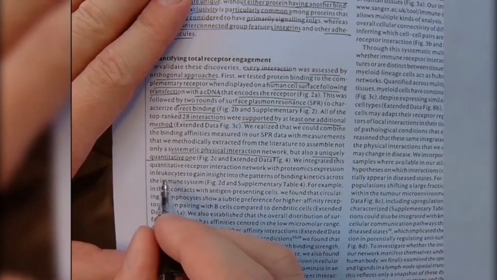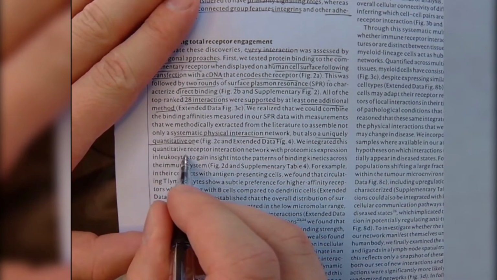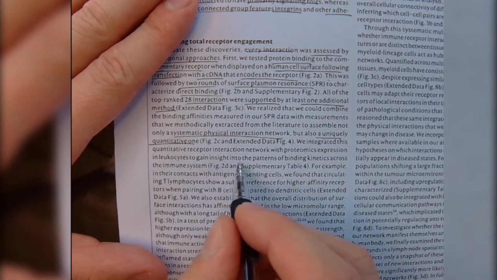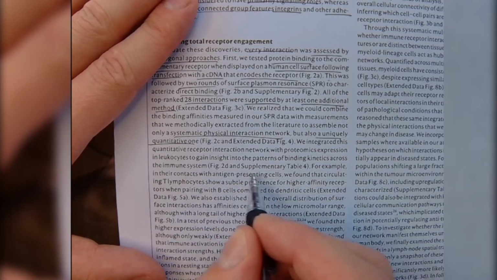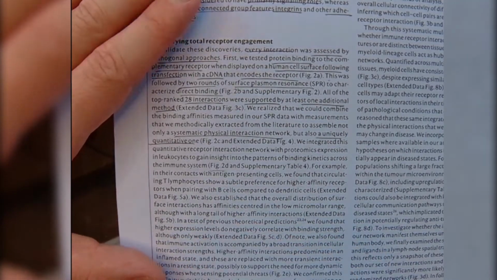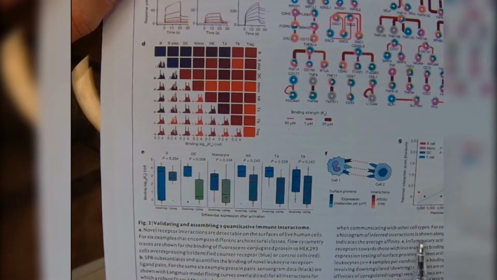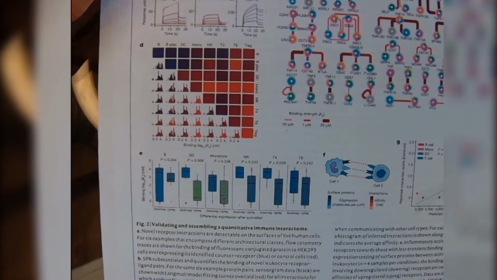"Now, we integrated this quantitative receptor interaction network with proteomics expression in leukocytes to gain insight into the patterns of binding kinetics across the immune system, shown in Figure 2D and supplementary Figure 4." "Each pairing of two cells, a histogram of inferred interaction data is shown alongside a color shade that indicates the average affinity."